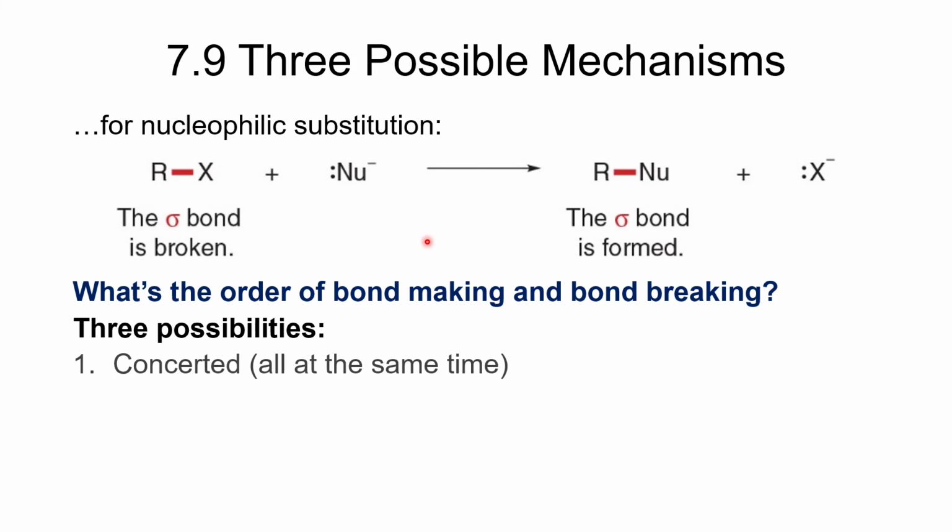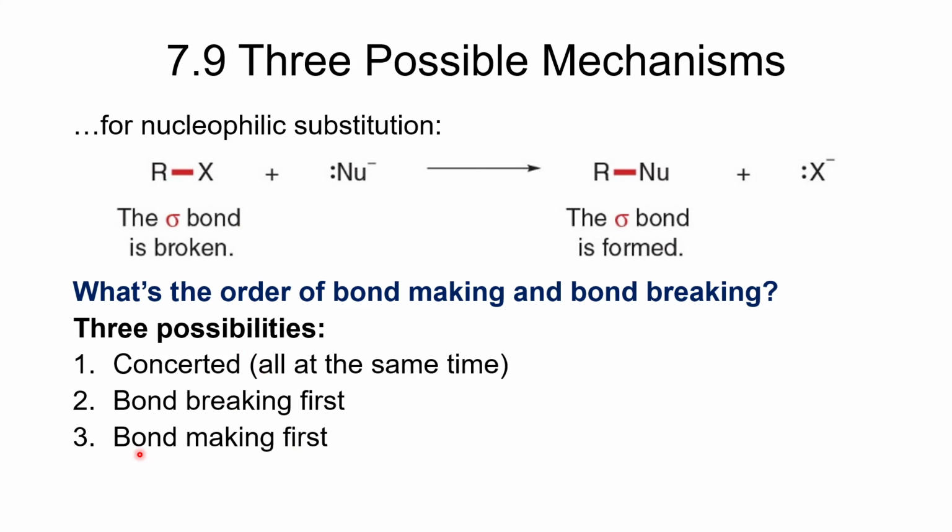Those three possibilities are concerted, all at the same time, so the bond is broken at the same time that this bond is formed; that the bond breaking occurs first; and that the bond making occurs first. Turns out one of these is not very likely, and we'll get to that one in just a moment.